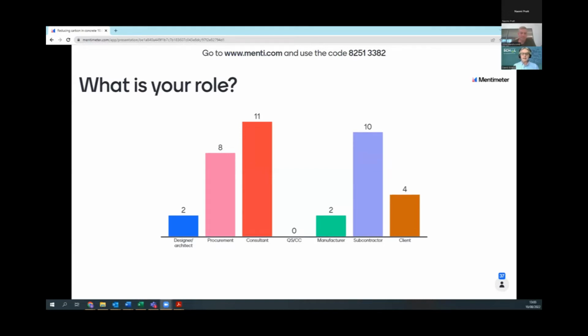This is just to find out your roles and responsibilities at work. So you can see that most of you are consultants. Good to see some subcontractors in the room, procurement specialists, no cost consultants, which is quite interesting. And some clients, that's always good to see clients, and some designers as well. So thank you. I think we've got another question. Oh, a QS, thank you.